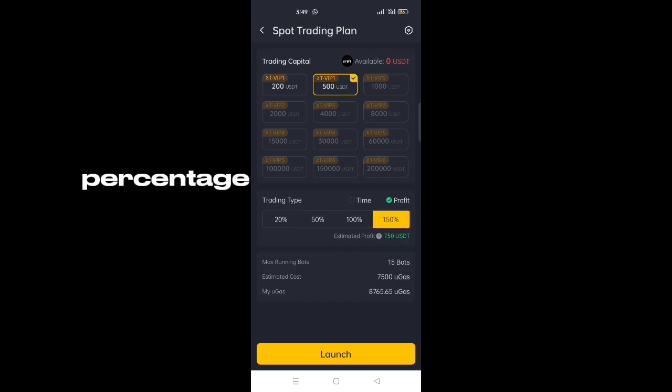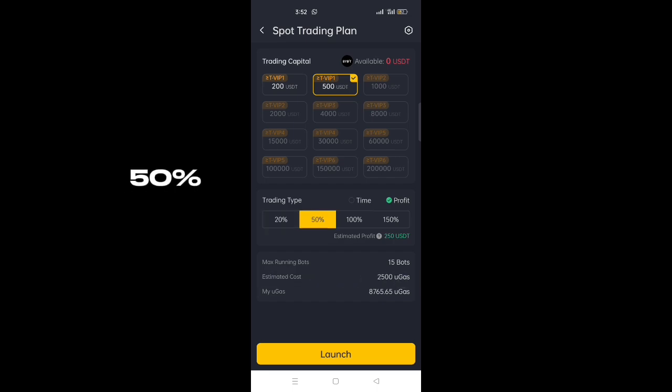The estimated percentage of profit you set will determine the amount of gas that the bot will use to run the trades to meet up with that percentage of profit you have selected. I hope that is clear. Alright, let me explain it this way. If you select 20% as estimated profit, the bot will use 1000 gas to run the trades.